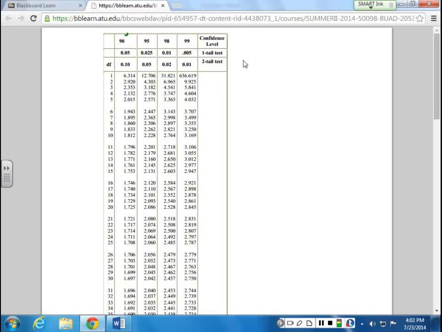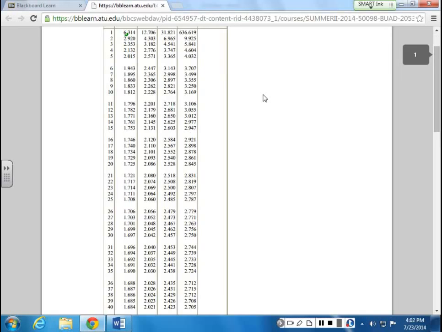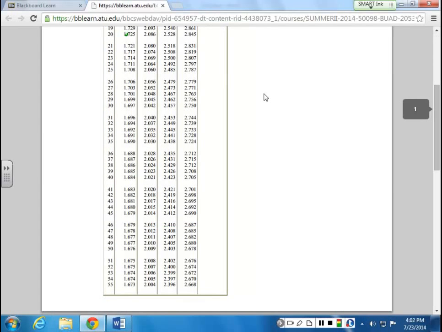I'll have that problem revised by the time I put it out to make that 0.01, not 0.005, for the p-value. And so we had 53 degrees of freedom. That'll be 2.672.